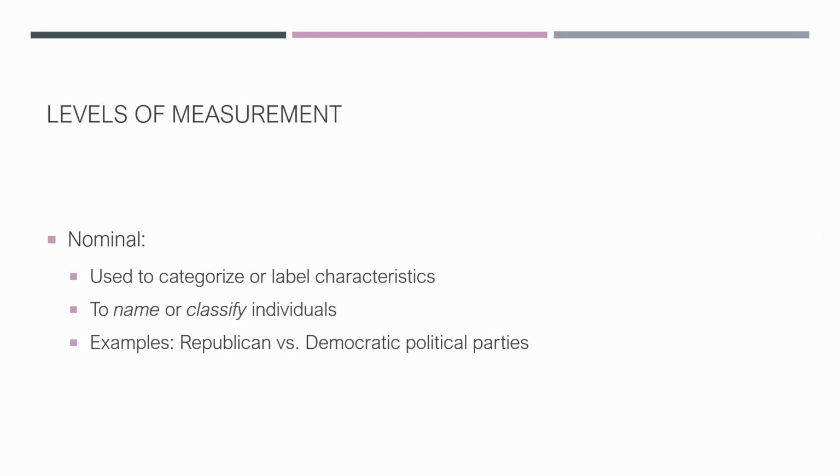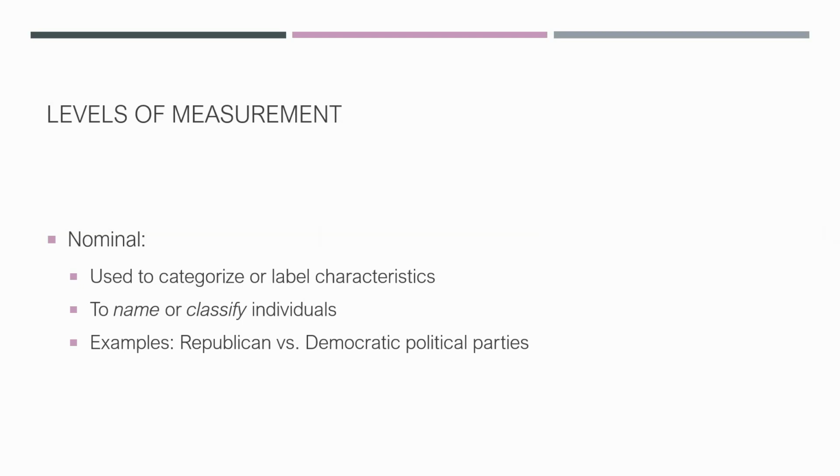Qualitatively, we know that the Republican Party might represent some set of core values. The Democratic Party might represent a separate set of core values. So we know that there are qualitative differences between the Republican and Democratic Party. But quantitatively, being Republican or being Democratic, there is no difference.